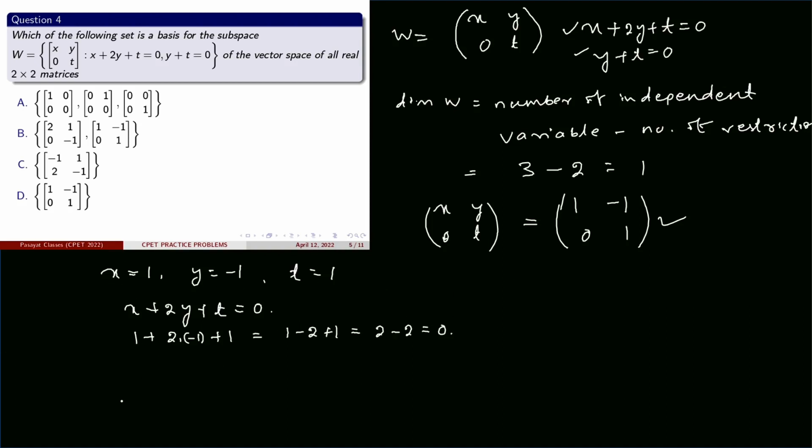And similarly for y plus t equal to 0, putting y equal to minus 1 and t equal to 1, this is equal to 0. Hence x equal to 1, y equal to minus 1 and t equal to 1 satisfies these two equations, and here we can conclude that option D is correct, and this forms a basis for the subspace W.